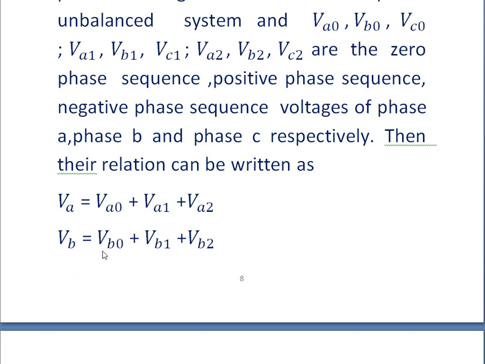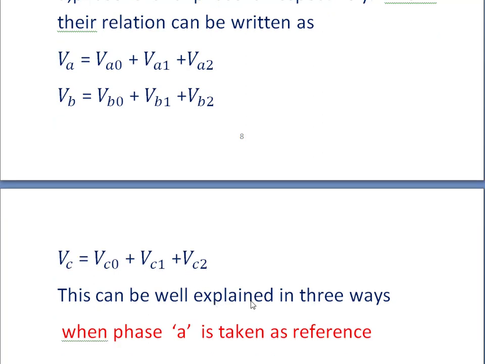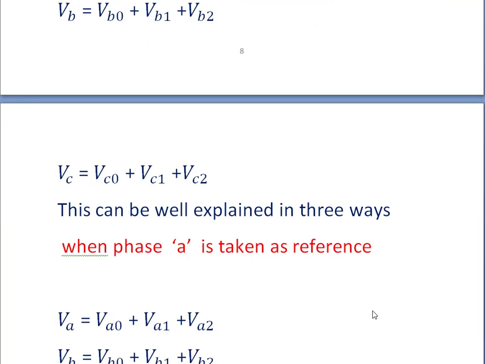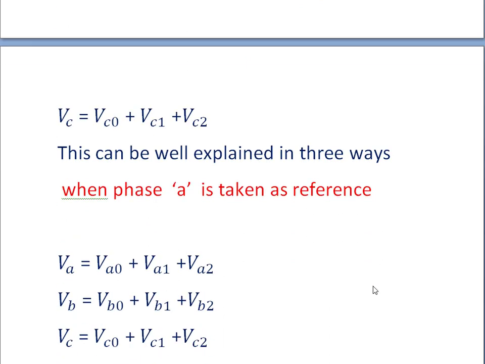Similarly, VB is equal to VB0 plus VB1 plus VB2. Similarly, VC is equal to VC0 plus VC1 plus VC2. So this can be explained well in three ways. When phase A is taken as a reference, how do we represent VA, VB, VC?